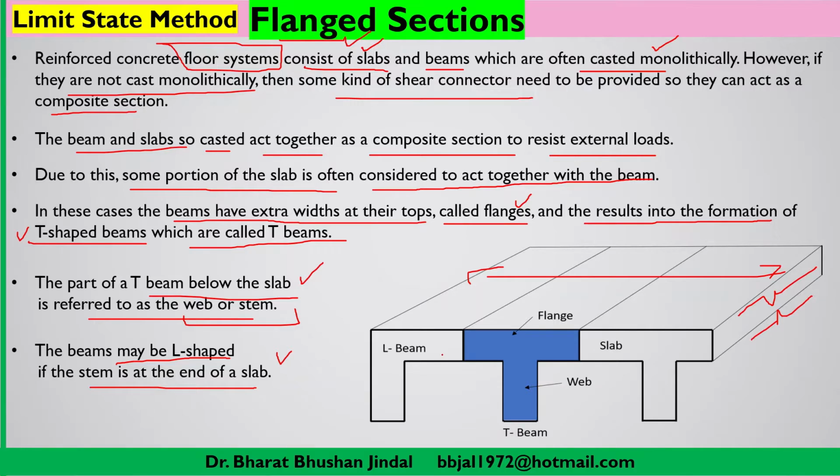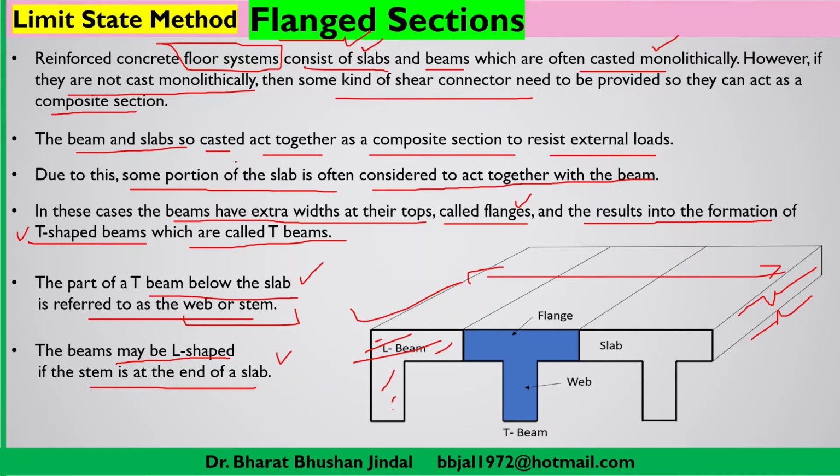This is the end of the slab, and this end of the slab is supported by a beam, so this portion of the slab as well as the beam resembles the alphabet L, so we call it an L beam. And similarly, this blue color section which you can see is just like the alphabet T. So this type of beam will be termed as a T beam.